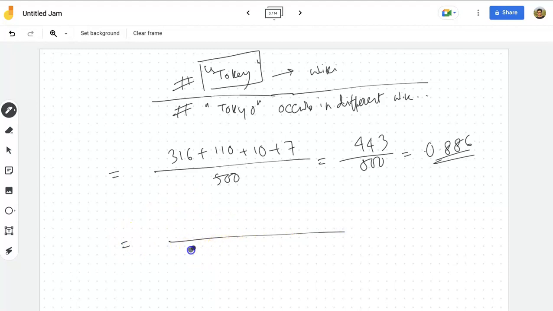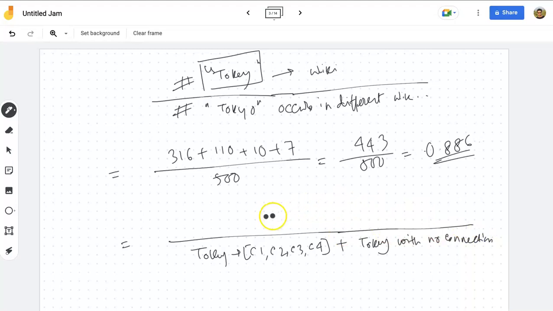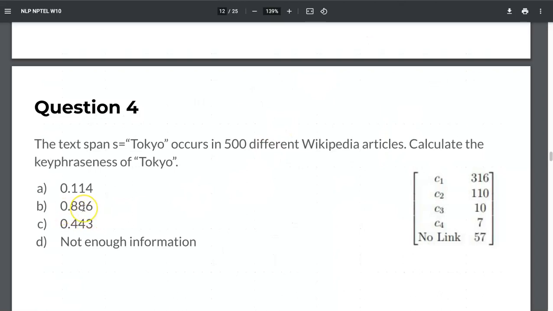The formula is how many times Tokyo connects to C1, C2, C3, C4, plus Tokyo with no connection in the denominator, and in the numerator Tokyo with C1, C2, C3 and C4. Basically this is the formula. So B will be the correct answer.